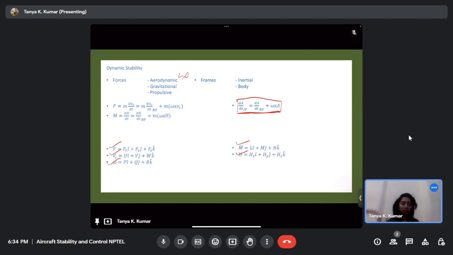Can anyone define how the inertial and body frames are defined, or give me the difference between them? Let's actually start with that. Anyone? We discussed this. Look it up in your notes, Google it, I'll give you a couple of minutes, look it up and tell me.